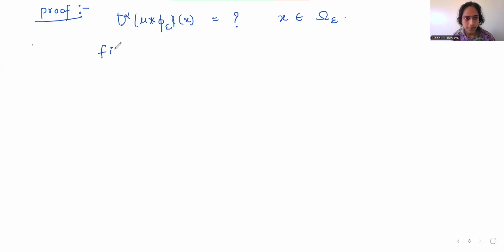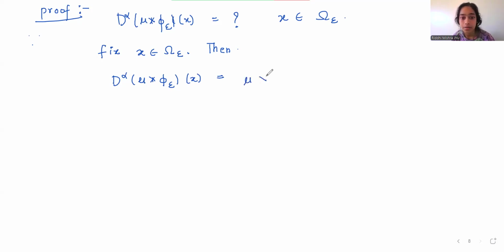Now fix a point x in omega epsilon. Then what is D u convolve phi epsilon at this point x? By definition, this we know, you can prove this.